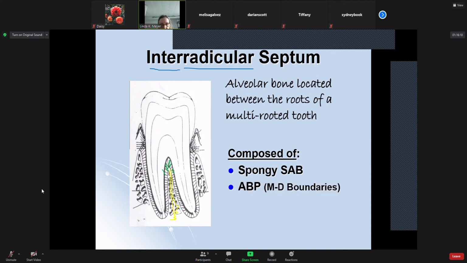And on the mesial and distal boundaries, I can see the alveolar bone proper again. So on the distal part of the mesial root and the mesial part of the distal root, the alveolar bone proper forms the boundaries of the interradicular septum. And then not shown is the compact bone that would be covering the buccal and lingual, just like it does for the interdental septum.